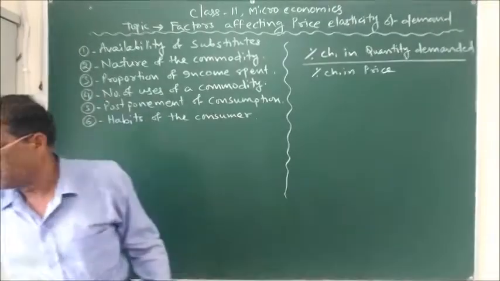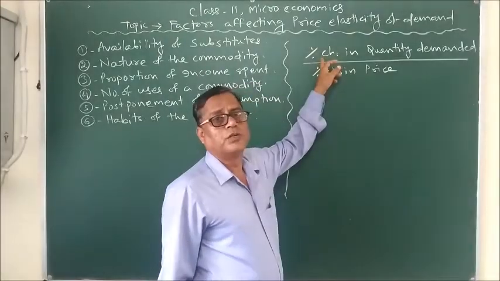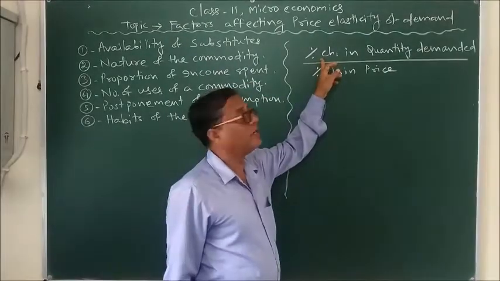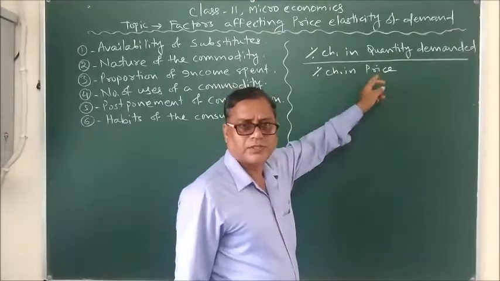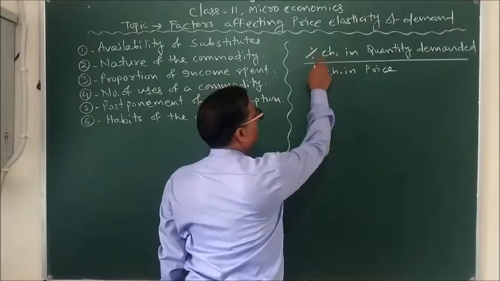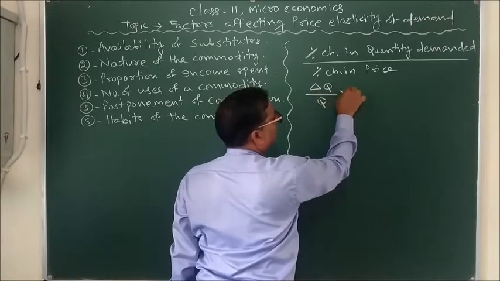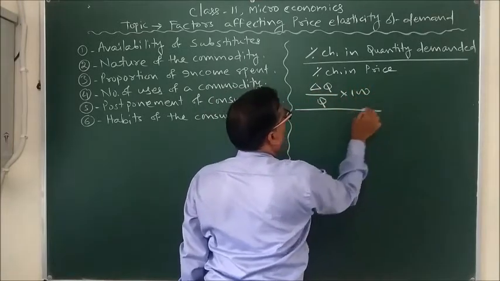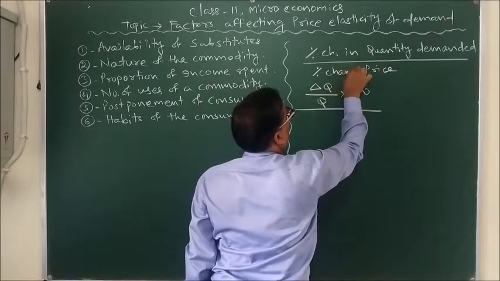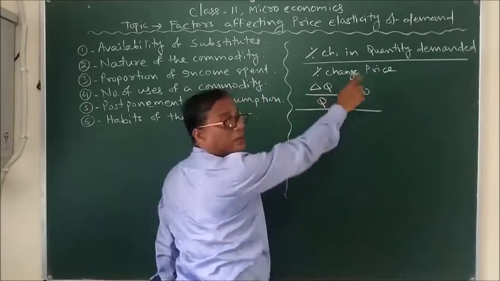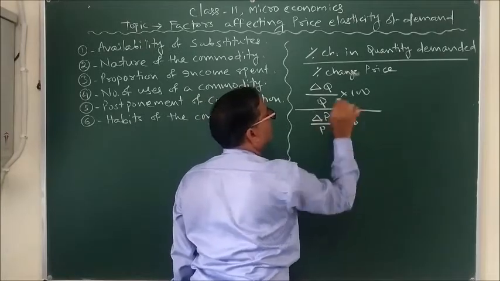In our last class, you know that the formula used to calculate elasticity of demand is percentage change in quantity demanded divided by percentage change in price. Percentage change in quantity demanded is nothing but del Q upon Q into 100, and percentage change in price is nothing but del P upon P into 100.